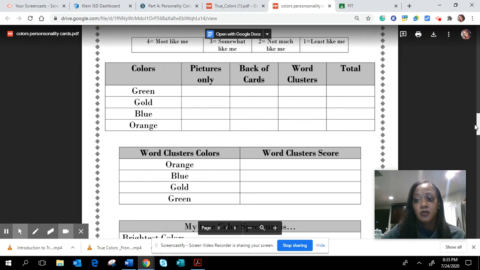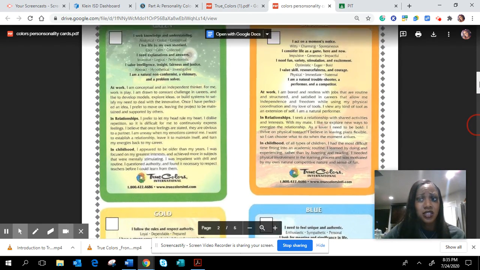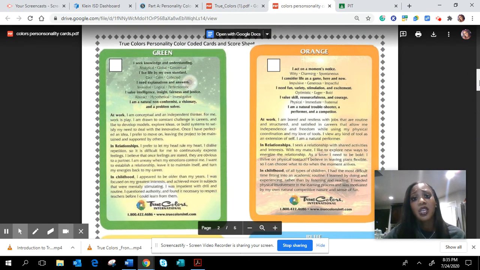Don't look at these as if, I like the color green, so I'm going to choose everything that's green, or I'm going to put a 4 next to anything that's green. Don't do that. This is supposed to be your gut reaction to what you've read.